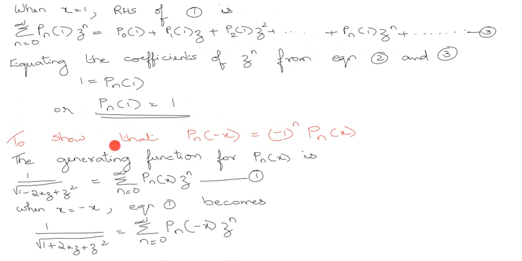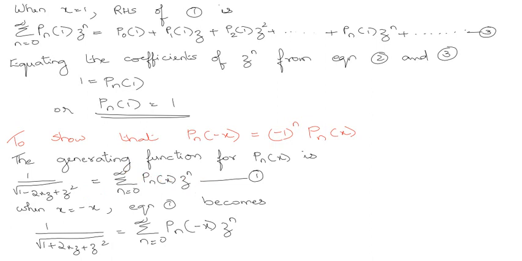Next one is to show Pn(minus x) is equal to minus 1 raised to n Pn(x). Here also we are using the generating function for Pn(x), which is 1 by square root of 1 minus 2xz plus z square is equal to sigma n equals 0 to infinity Pn(x) into z raised to n.